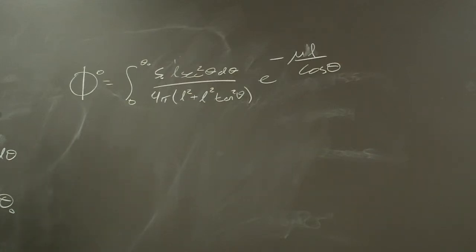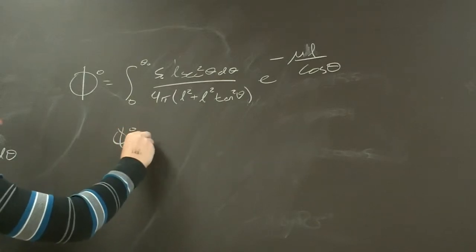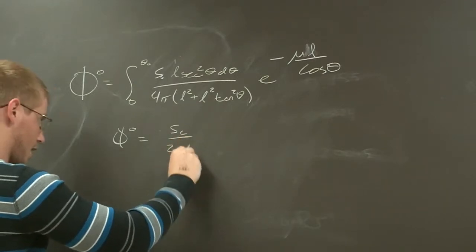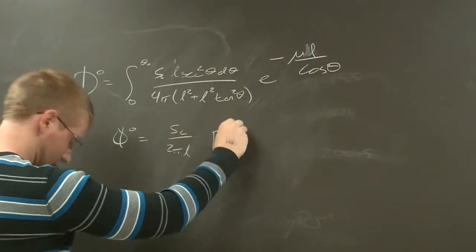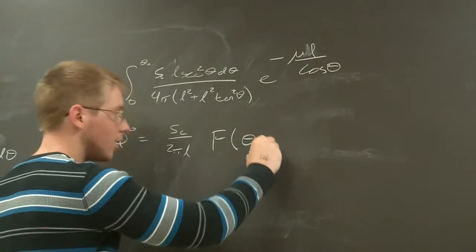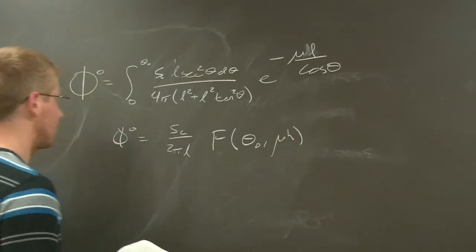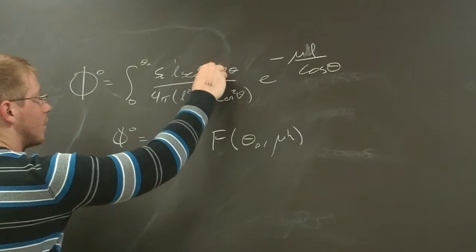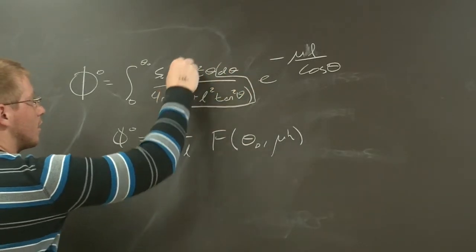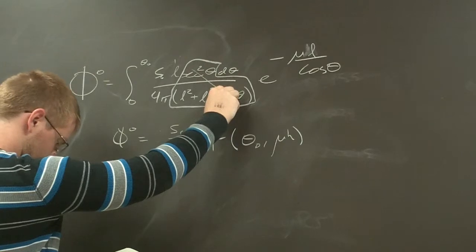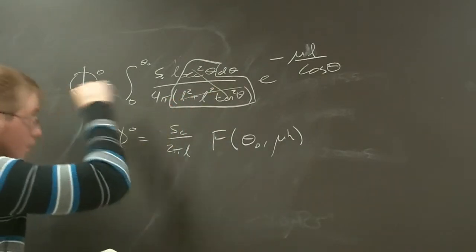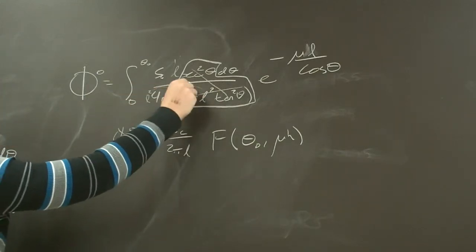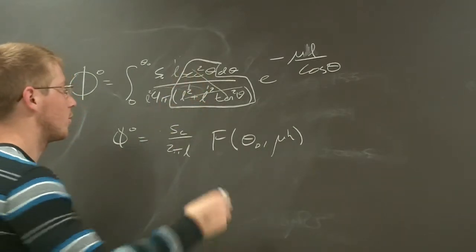Okay. So now we get that phi is equal to SL over 2 pi L. I have some big F here, theta naught to mu H. Why do I have that? Because guess what? It cancels out if you pull L out front. If you factor out this L, the 1 plus tangent squared becomes secant squared, so by trig identity this is equal to 1.